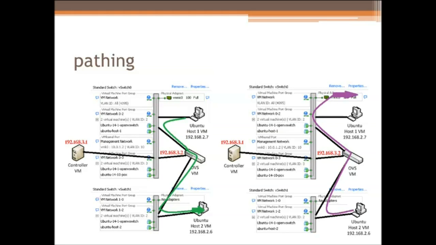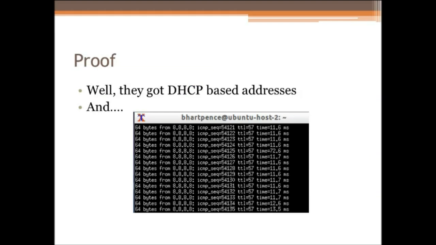And the purple line on the right indicates that host 2 is trying to get all the way out to the outside world. By way of a little bit of proof, both hosts got DHCP-based addresses, although host 2 was the only one that really needed OVS to be configured properly. And then just for fun, I threw in the ping to 8.8.8.8, and that shows me that I can get all the way out to the real world, and huzzah, everything was working. So that was pretty cool.